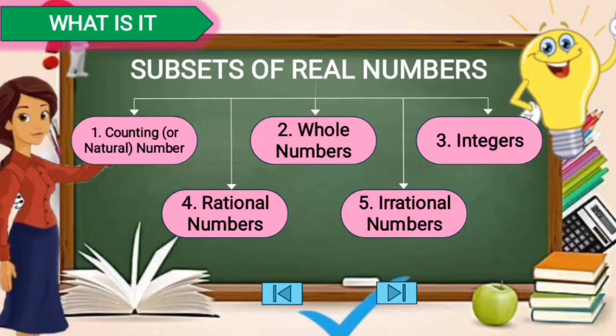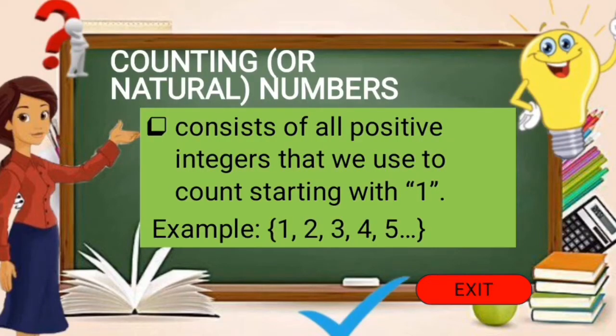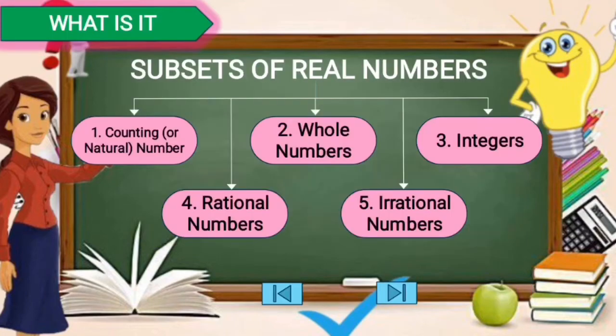One of the subsets of real numbers is the set of counting or natural numbers. This subset consists of all positive integers that we use to count, starting with 1. The subset would look like this: 1, 2, 3, 4, 5, and so on.